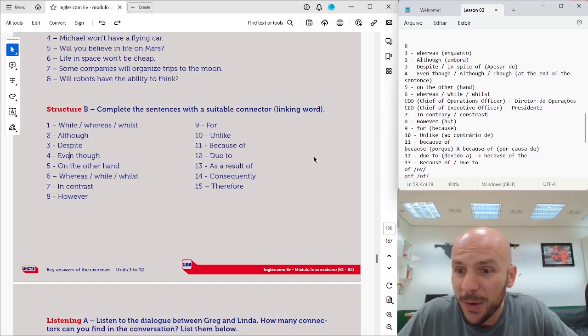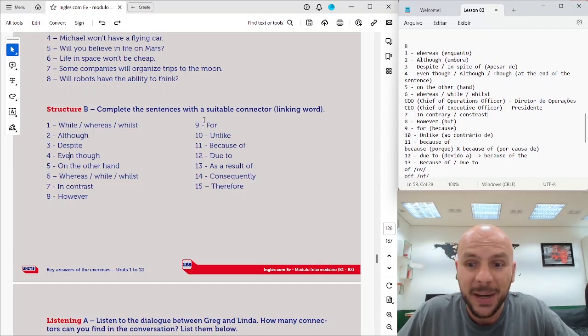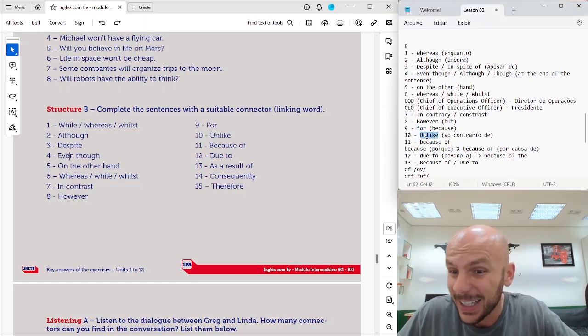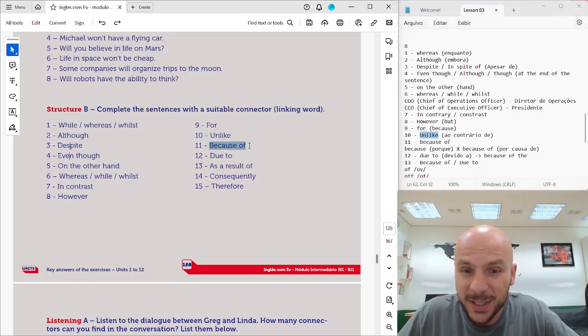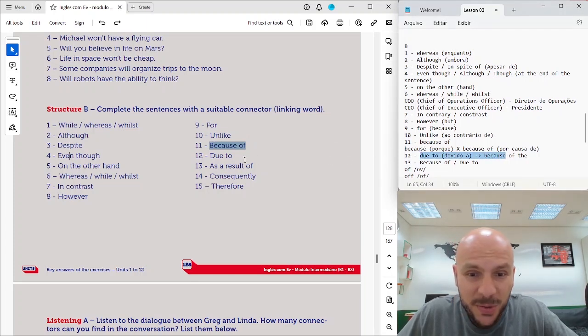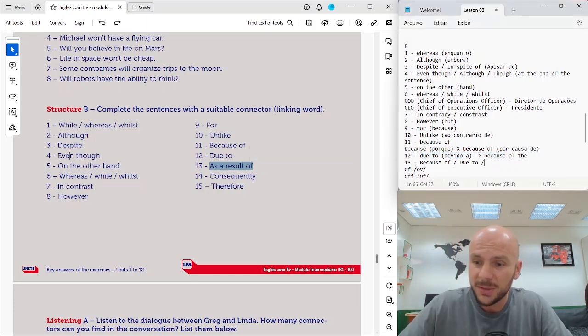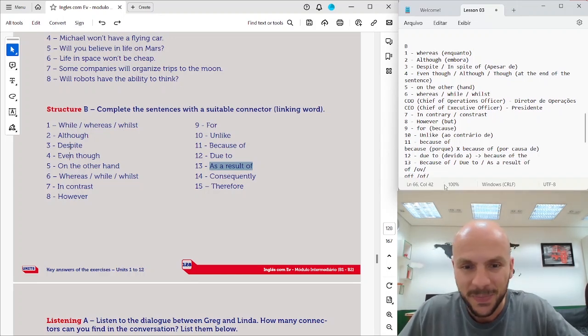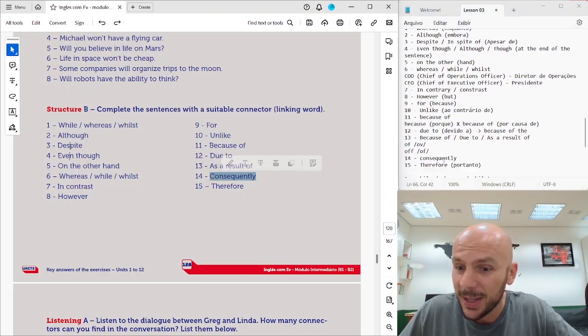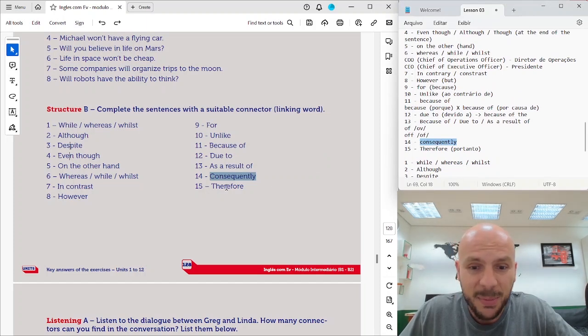Number 8, however. Number 9, for. Number 10, unlike. Number 11, because of. 12, due to. 13, as a result of. Because of, due to, and also as a result of. They are synonyms. Number 14, consequently. And number 15, therefore. Okay?